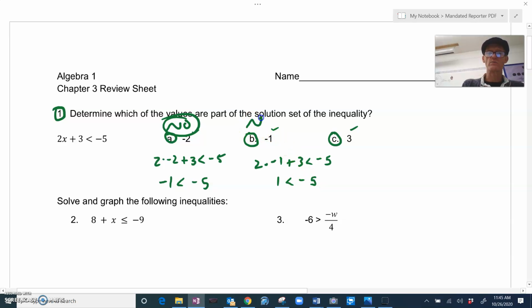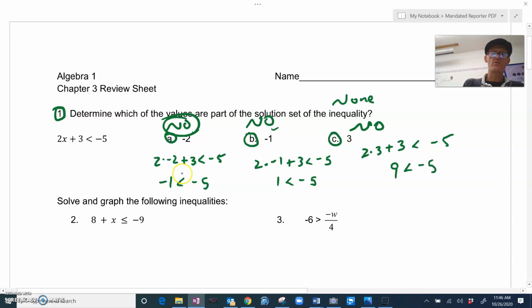That's no. Okay, keep going. 3. 2 times 3 plus 3 less than -5, which is 6, plus 3, which is 9, less than -5. That's false. This one is no. Determine which of the values are part of the solution set of the inequality. None of them are.